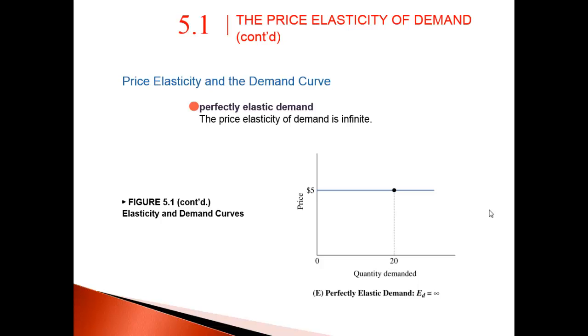What this would be is that the demand is infinite, and essentially what we're getting at is you really want this product, and you continually want this product, and as long as they lower price, you're just going to keep buying more and more of the product, and your demand essentially is never going to be fulfilled.